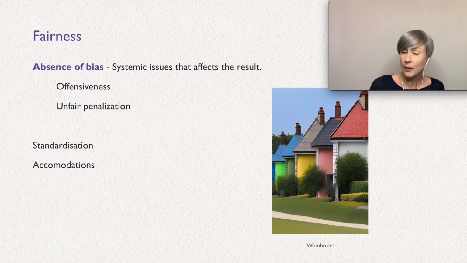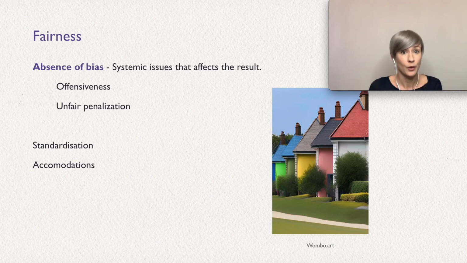Now we're going to talk a bit about fairness. And here we talk about absence of bias. So that is systematic issues that affect the result. So this is things like content, language, examples in a test. So there are different forms of assessment bias.